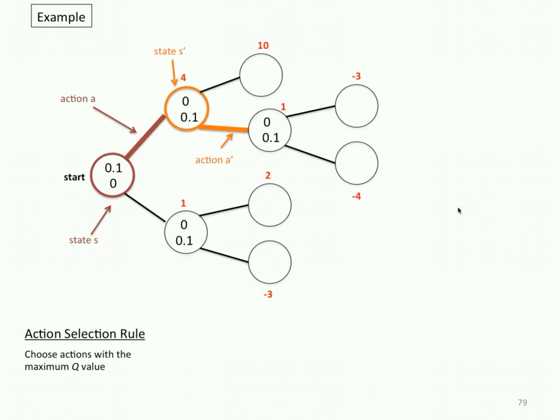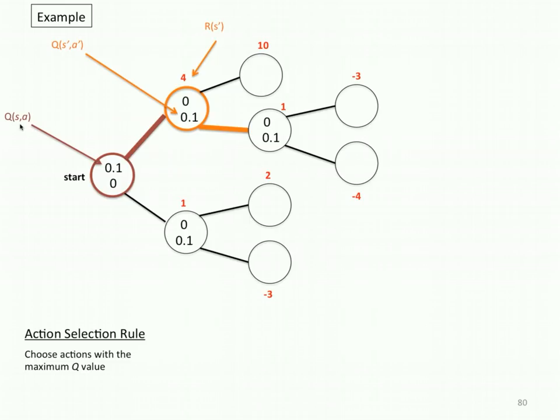Okay, more notation. Q(S,A) is the Q value associated with the previous state action pair. Q(S',A') is the Q value associated with the current state action pair. R(S') is the reward associated with the current state.